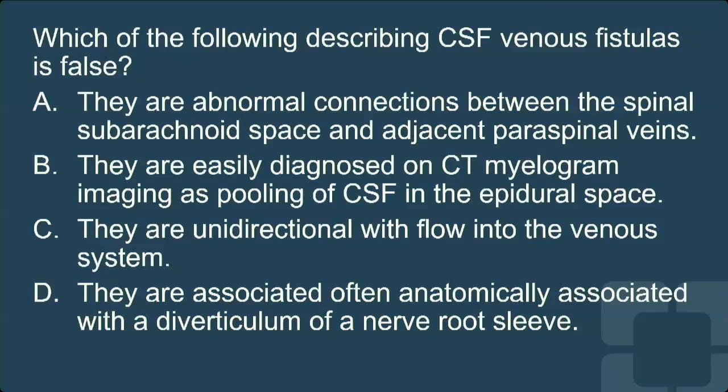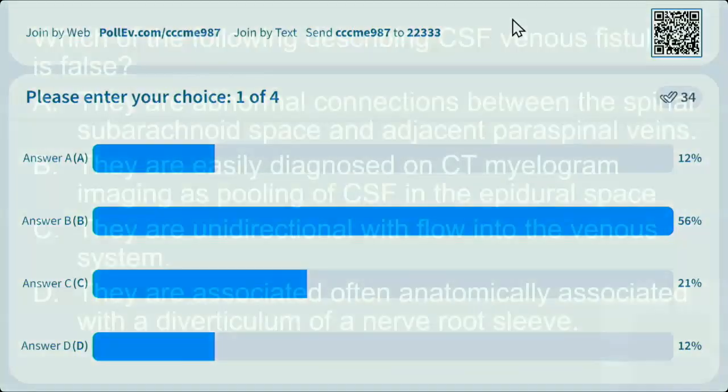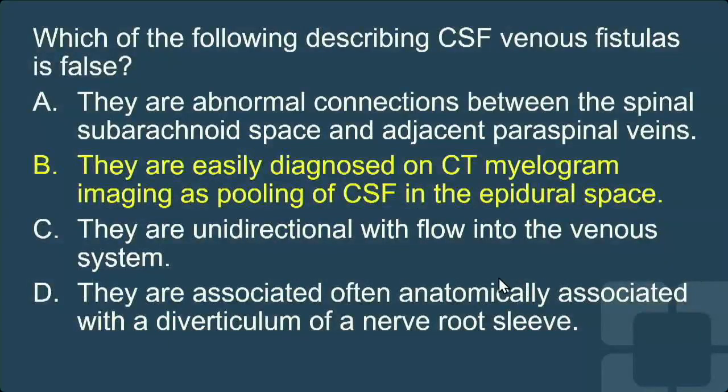I kind of purposely made this a little bit trickier. Okay, so it looks like B is the most popular answer, and that is correct. They are actually very difficult to see on CT myelogram because it's hard to catch the contrast flowing into the venous system.